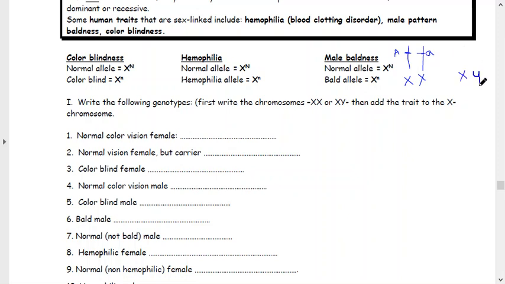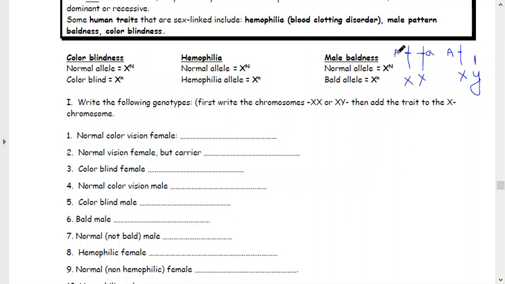Males, remember, they only have the X chromosome, so they'll only have one allele for that trait. The Y chromosome is much shorter. It's like a little teeny stump, and, well, I don't want to say the chromosome is empty, but it's just a much shorter chromosome.